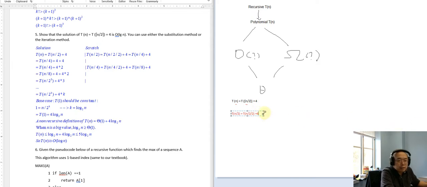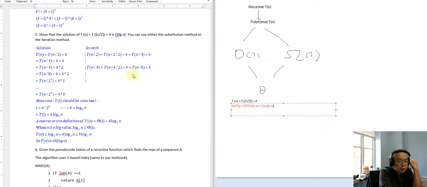If I massage this a little bit, this gives me T(n/4) plus 4. Okay, so this is the value of T(n/2).